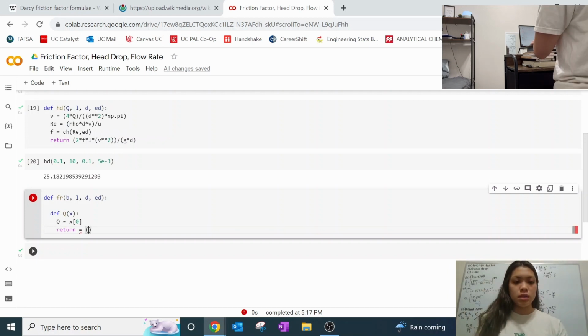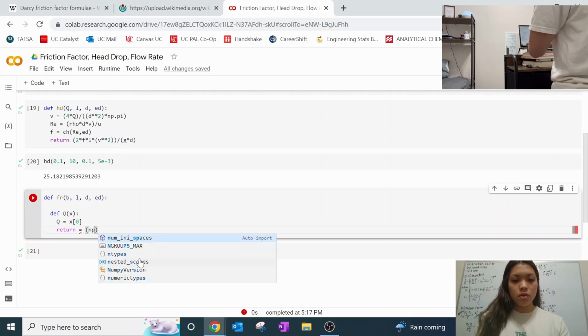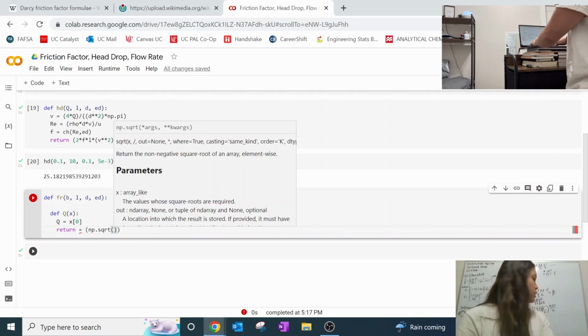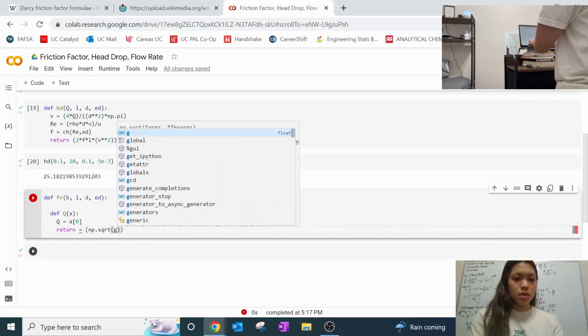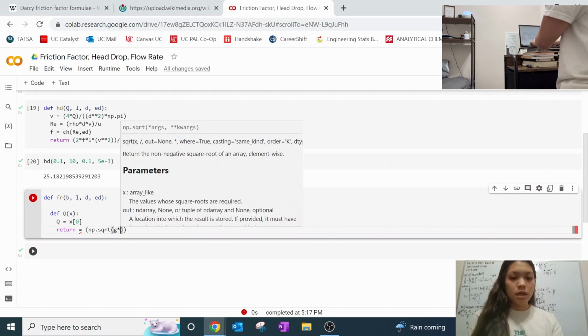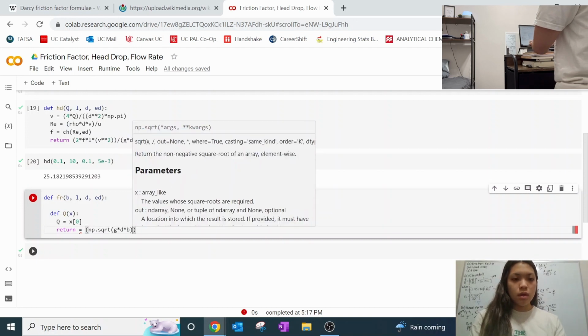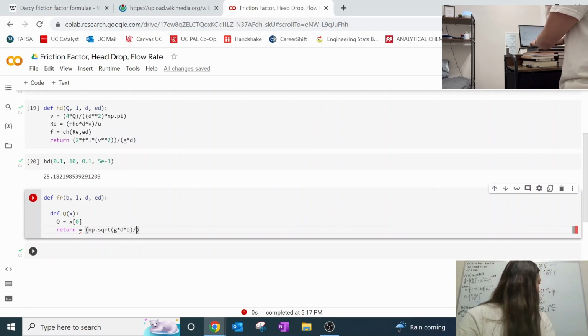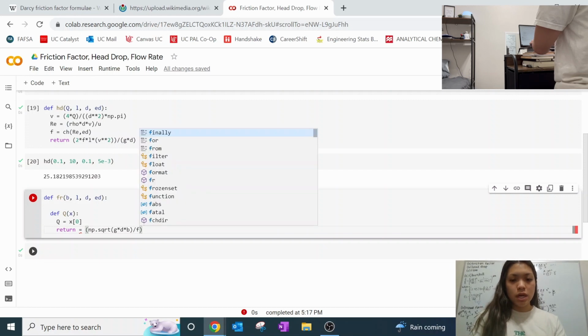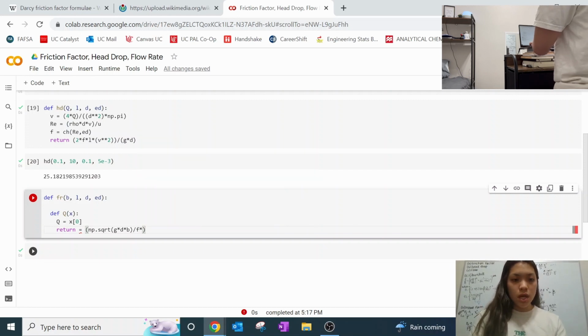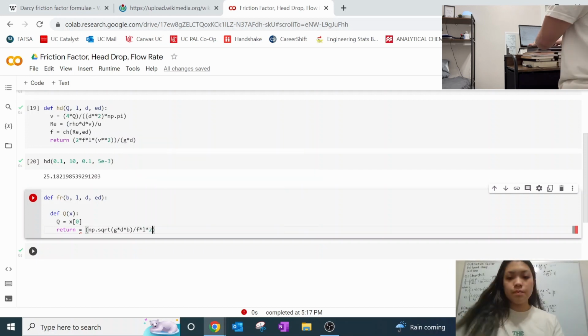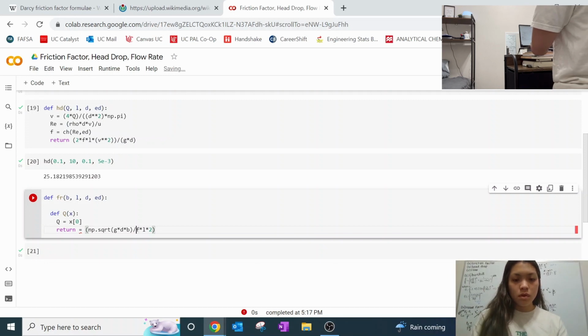So it's the square root of the gravitational acceleration times the diameter times the b value that we give, divided by the friction factor times the change in x, which is just the length, times 2.